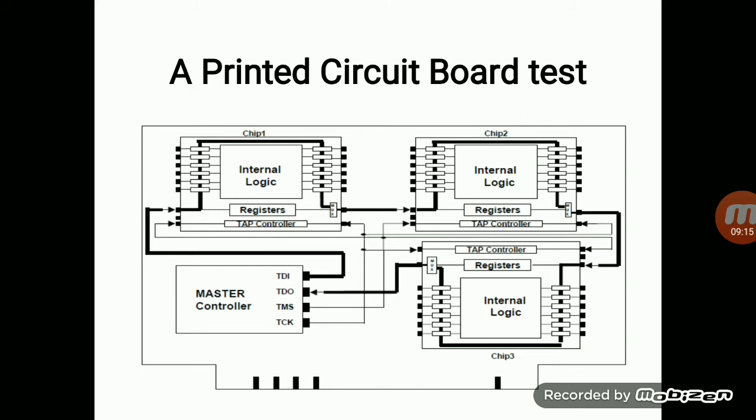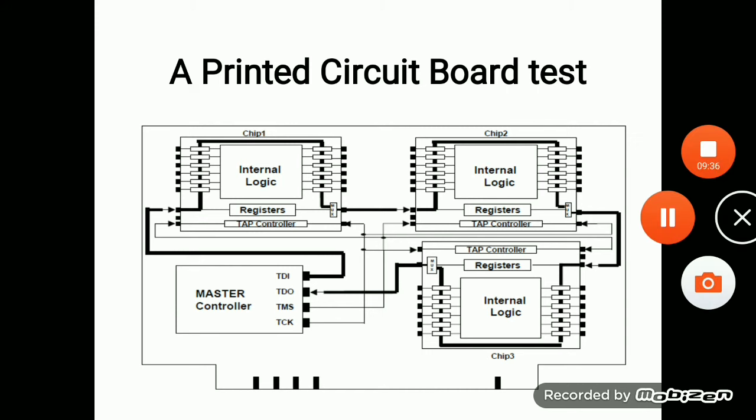By using this we can control all the ICs. The ICs are tested step by step, or serially, from chip 1, chip 2, chip 3. Like that, we can test more than two ICs effectively using boundary scan methods. This is nothing but design for test.